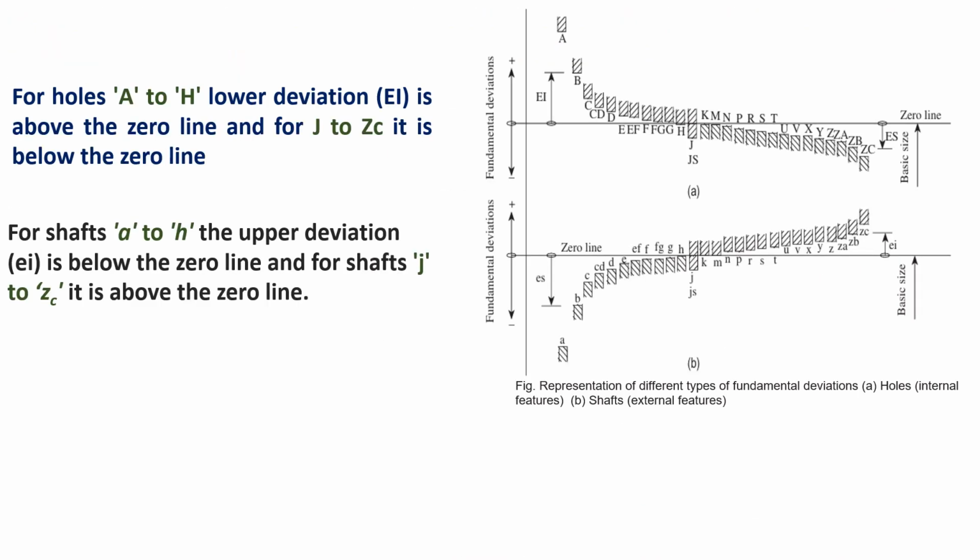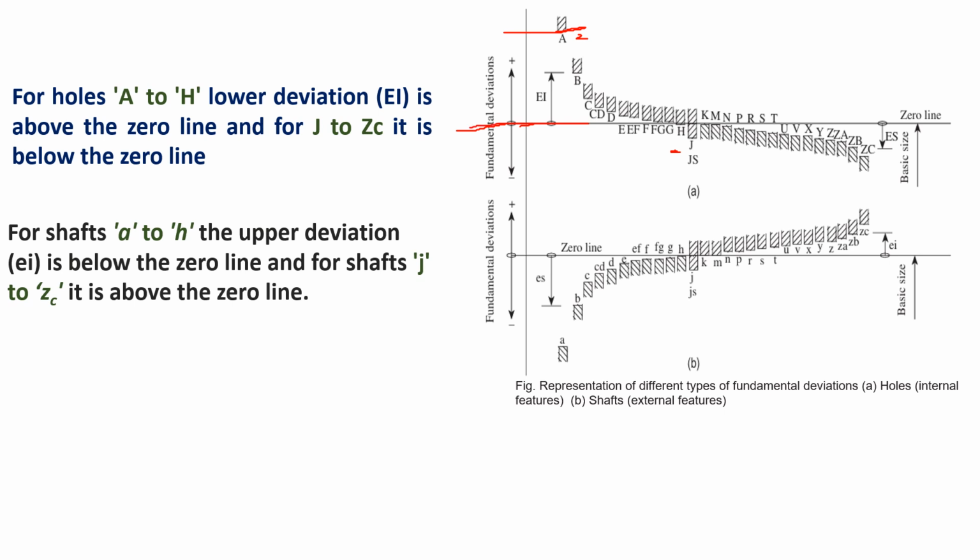Moreover, observe the schematic representation of the fundamental deviations for the hole and the shaft. For the holes, capital A to capital H, the lower deviation is above the zero line, and for the holes capital J to capital ZC, it is below the zero line. What is the meaning of the lower deviation? It is the difference between the lower limit of the size and the basic size.